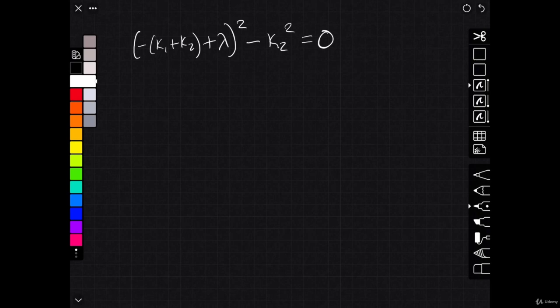And so we have minus k1 minus k2 plus lambda, all squared, is equal to k2 squared.